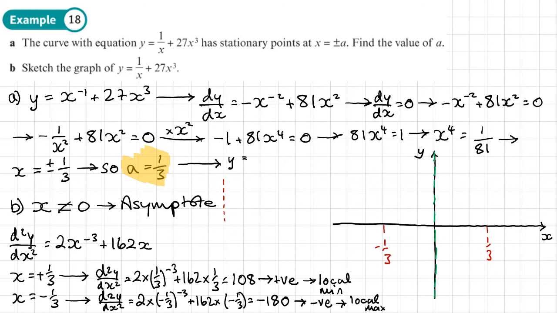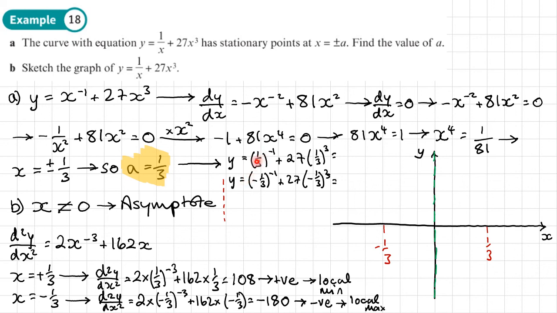So y equals a third to the power negative 1 plus 27 times a third cubed, and also y equals negative a third to the power of negative 1 plus 27 times negative a third cubed. We want to get those y coordinates.